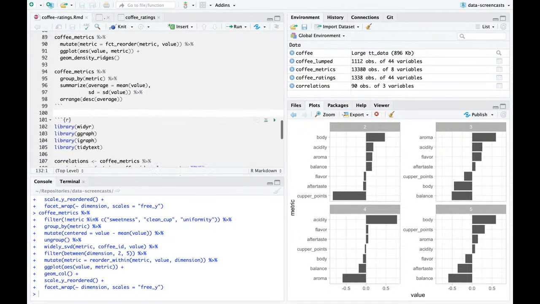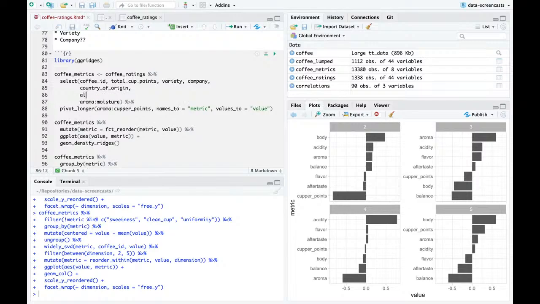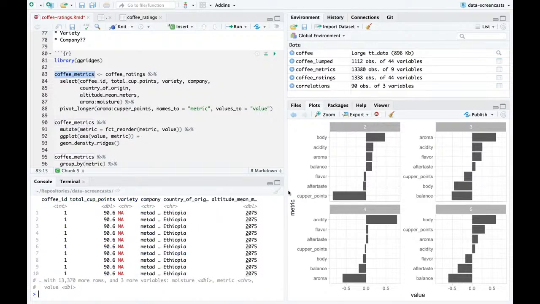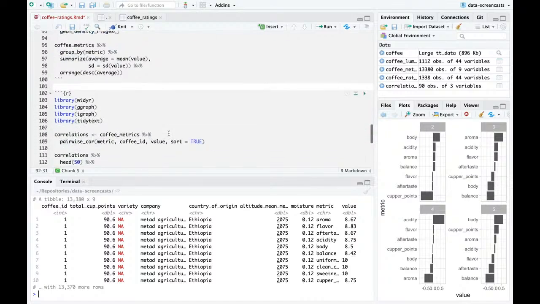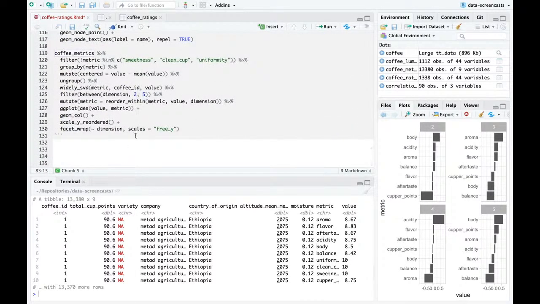Well, one thing I'm going to do is, remember how I got these coffee metrics out? What if I threw in altitude mean meters? If I keep that in, then I do my coffee metrics. I still keep this wide.